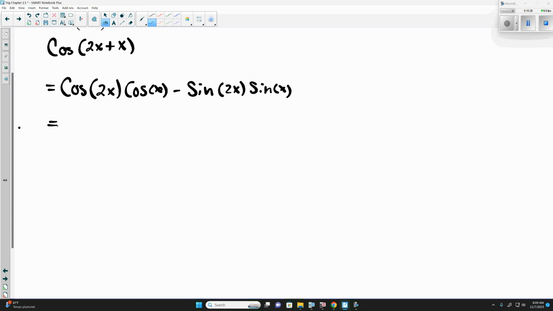Now we do want to get this completely in terms of sine or just cosine. So the first one I'm going to look at is this side over here, because no matter how we look at it, sine of 2x has one option for the double angle formula, which is just 2 cosine of x sine of x. That's the only one we got.